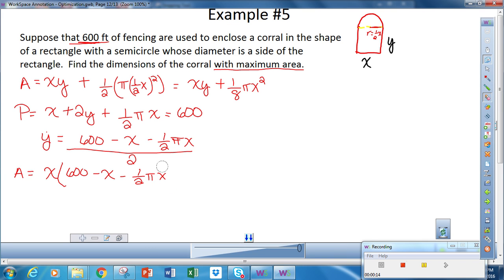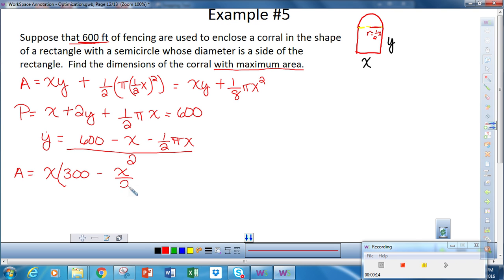Let's simplify this a little bit because it's getting a little ugly. Let's go ahead and divide this by 2. So this gives me 300 minus x over 2 minus pi x over 4, plus, and I'm adding this part of the equation, pi x squared over 8.